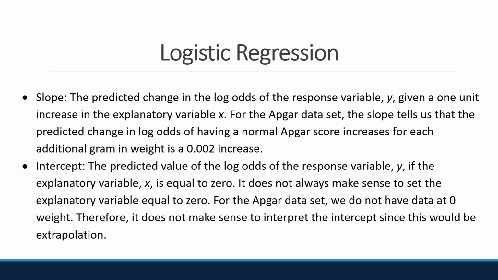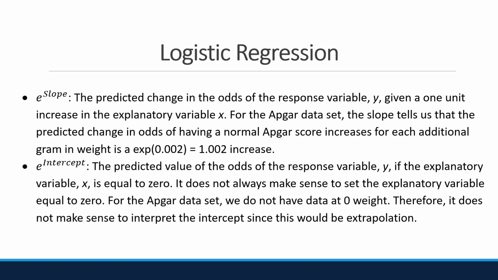Intercept: the predicted value of the log odds of the response variable y if the explanatory variable x is equal to 0. It does not always make sense to set the explanatory variable equal to 0. For the APGAR dataset, we do not have data at 0 weight, therefore it does not make sense to interpret the intercept since this would be extrapolation.